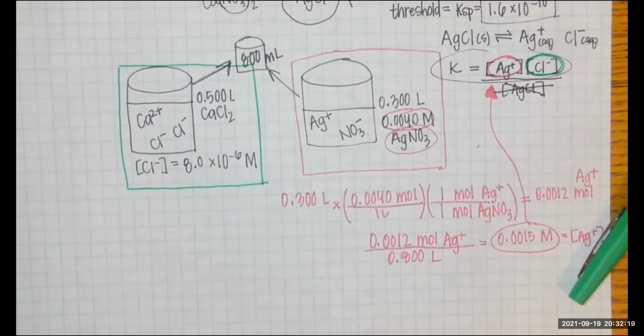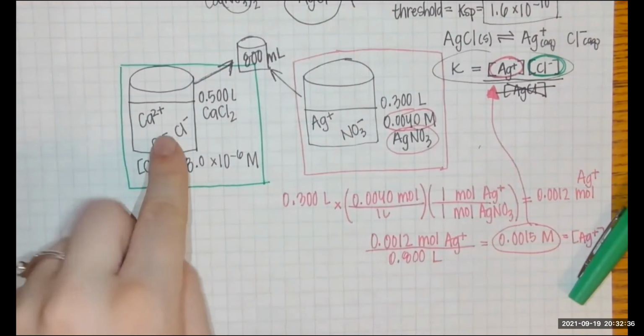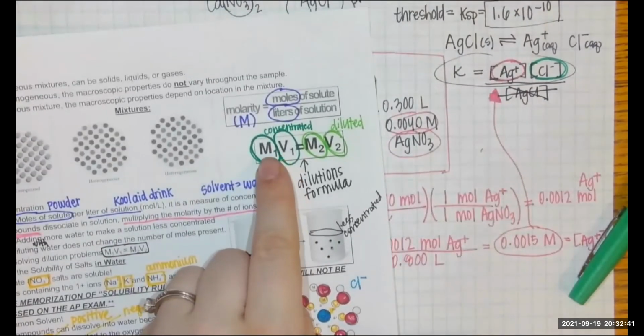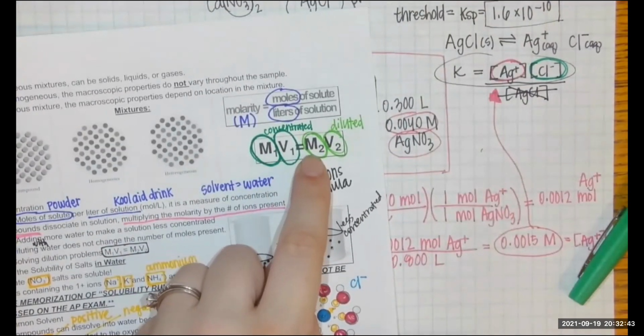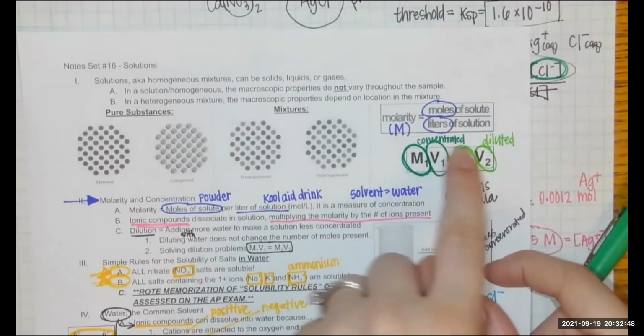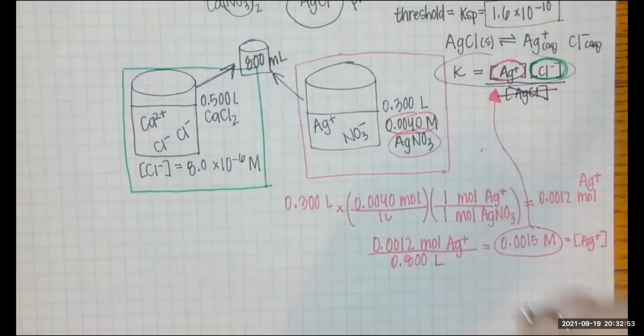So going back in the notes here just a little bit, it's still in note 16, but it's the formula for dilutions. It's on page 1. When it gets added from 500 to 800 milliliters, it's diluting. So M1V1 equals M2V2. This is the dilution equation from the very beginning that we used earlier in the homework.